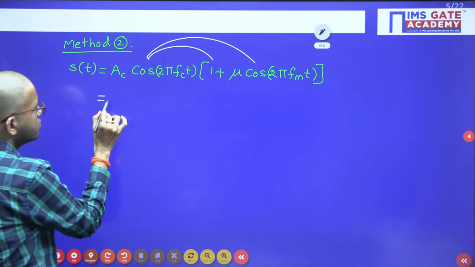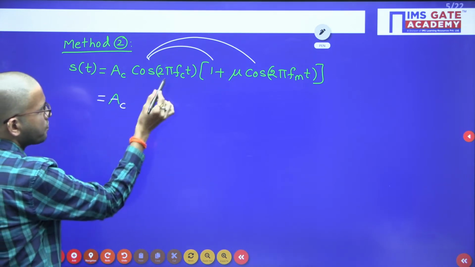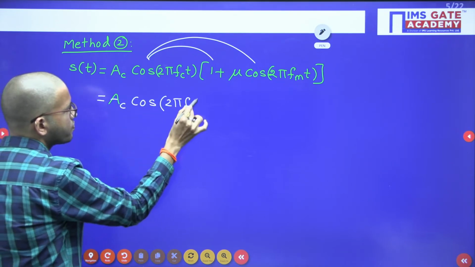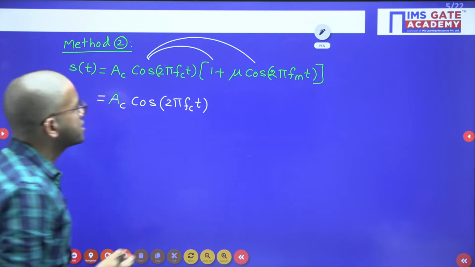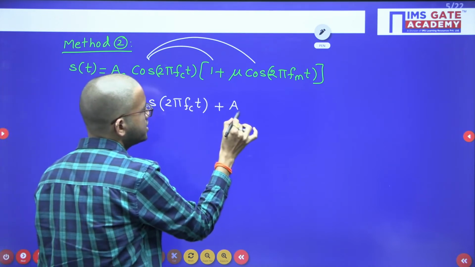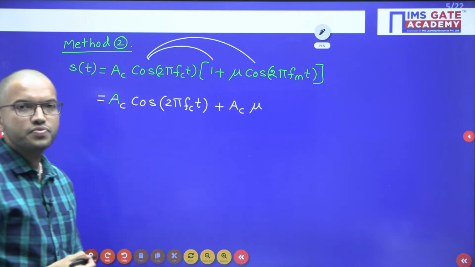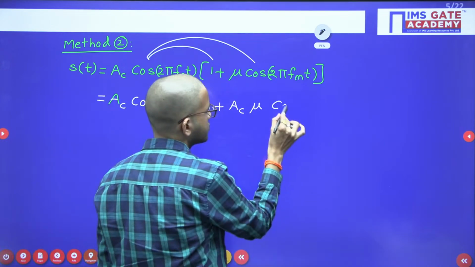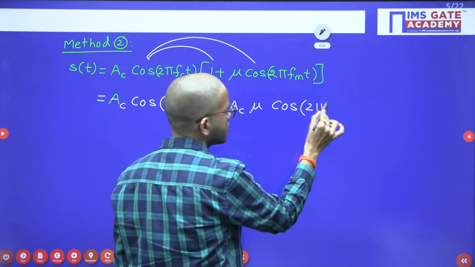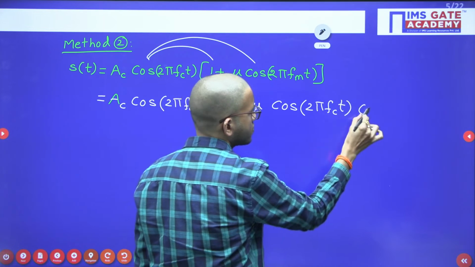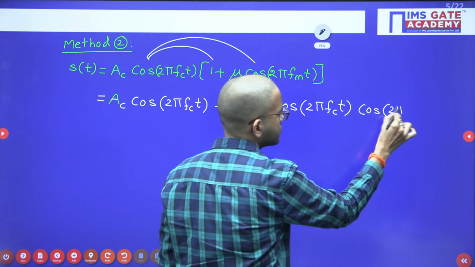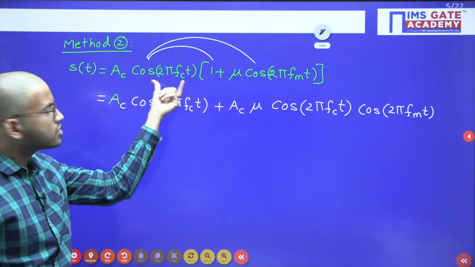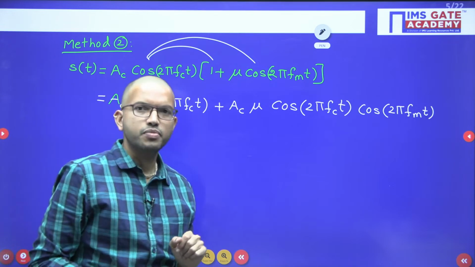From here what you will get is Ac cos 2 pi fct plus Ac mu cos 2 pi fct into cos 2 pi fm t.